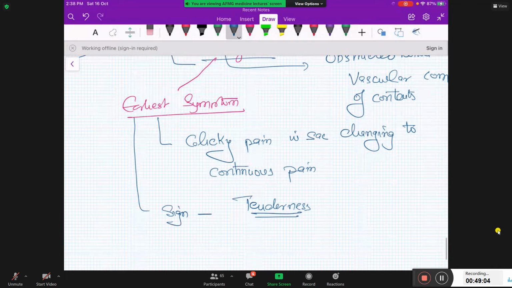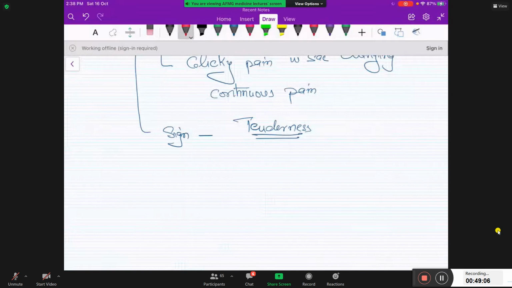Okay, now normally in a case of hernia, please note this point, we don't need an investigation. Normally we diagnose hernia on the basis of clinical examination itself, but sometimes if there's a doubt, we may need to do investigation. So if you have to do investigation, what will be your first investigation? Ultrasound. And if on ultrasound there is still a doubt, then it is MRI.